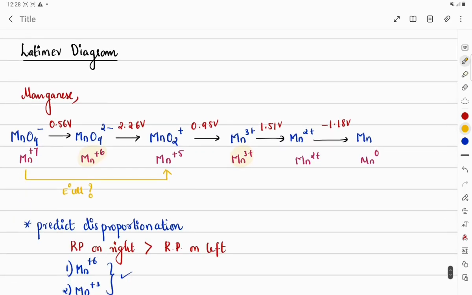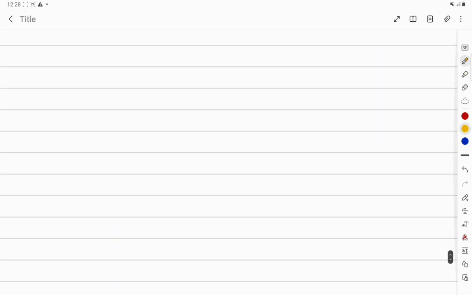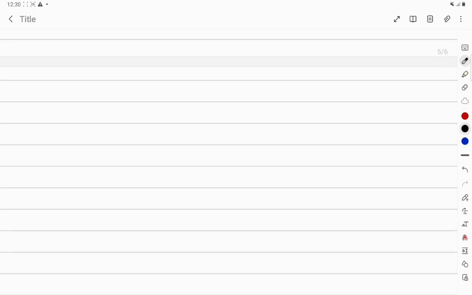So if I want to find E cell for Mn plus 7 to plus 5, I have to find the delta G value for 7 to 6 and then 6 to 5. From this I have to calculate delta G value for 7 to 5 and then come back to the E value for 7 to 5. It's not that lengthy as it appears to be. Let's do a problem and see. Let's consider the case of oxygen.